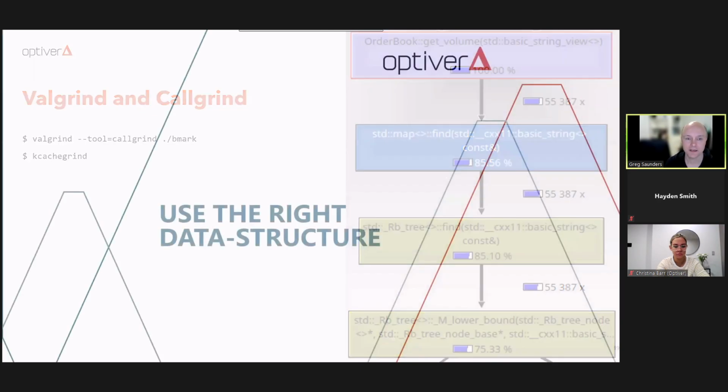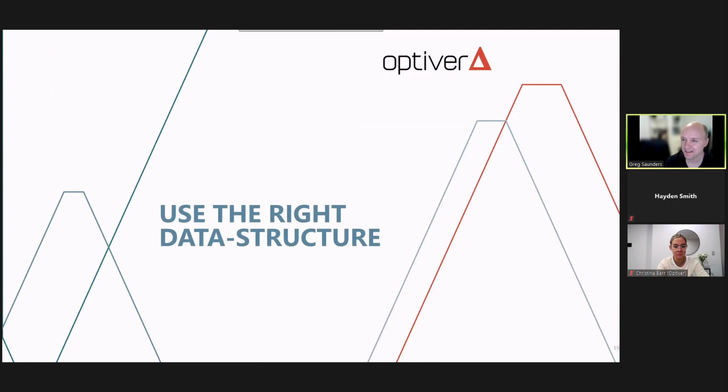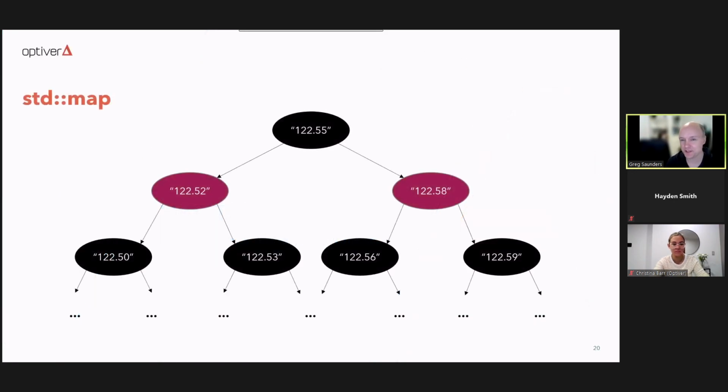All right, so the next thing we're going to do is ask: are we using the right data structure for the problem at hand? This is a high-level view of what a red-black tree looks like and what it might look like for our order book. You can see the various prices in each node there.